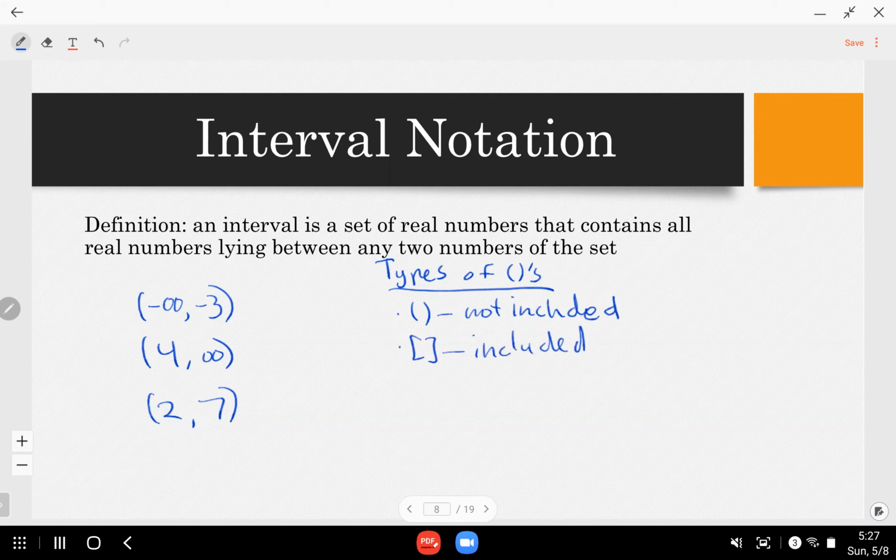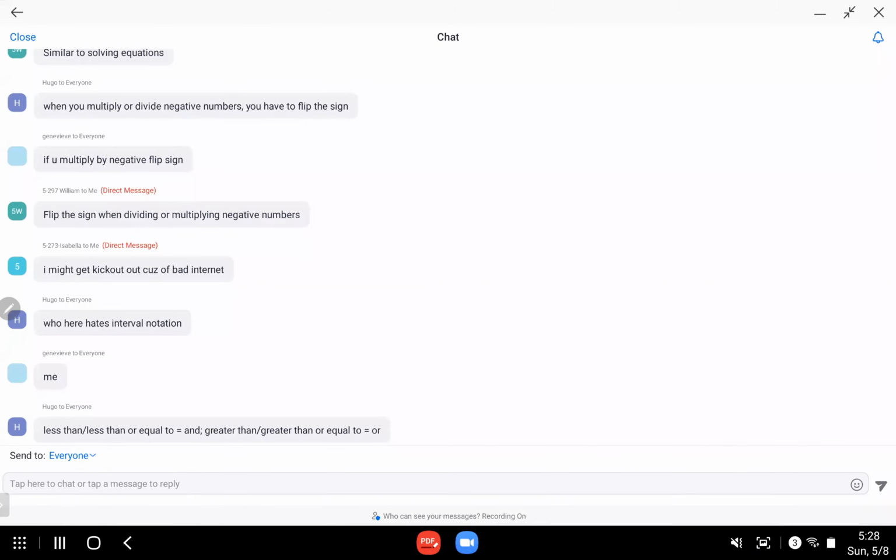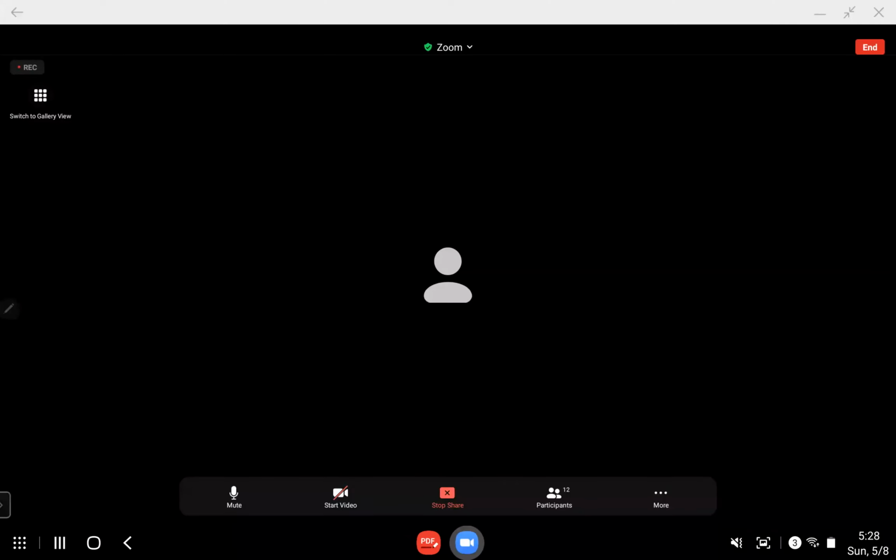Just like the types of circles, you need to pay attention to whether it's not included or included. All right, are there any questions? No questions? Very good.